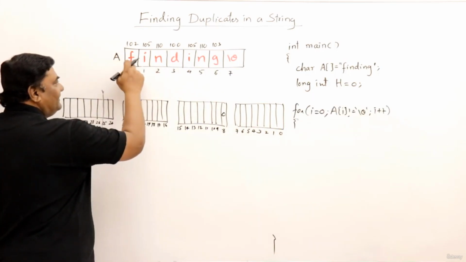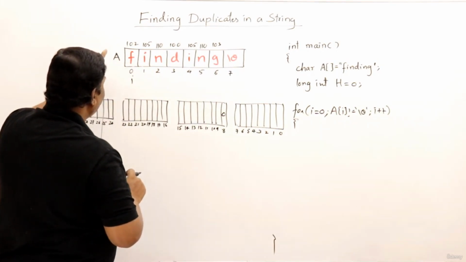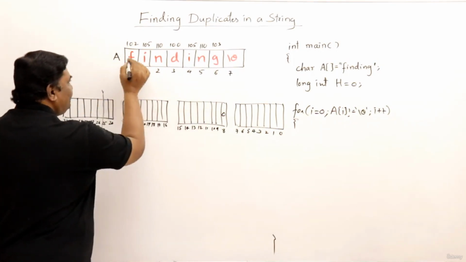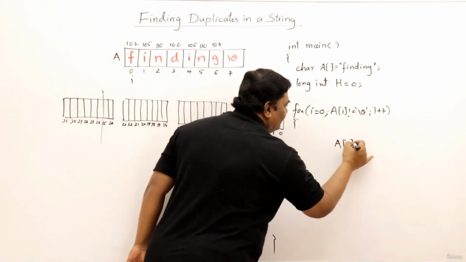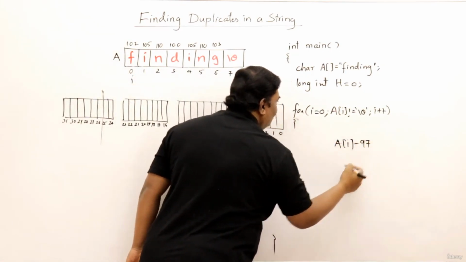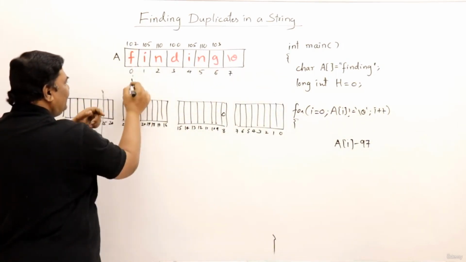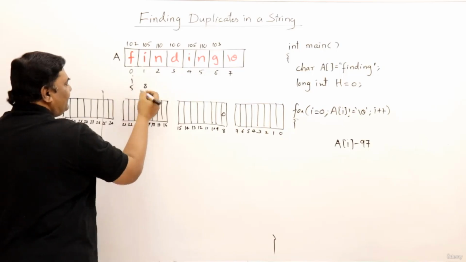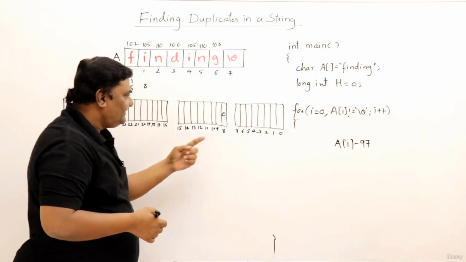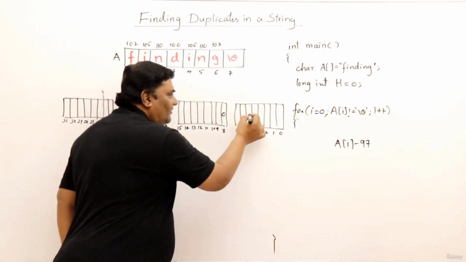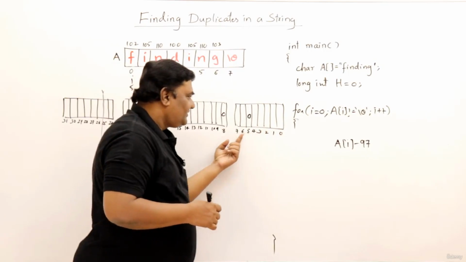Now A of i is F, the letter is F. It is 102, right? As it is 102, I will subtract 97. So A of i minus 97. For every alphabet I will do it. So for this I will get 5, for this I will get 8. Now what to do with this 5? I have to check whether this 5th bit is on or off, right? 0, 1, 2, 3, 4, 5.